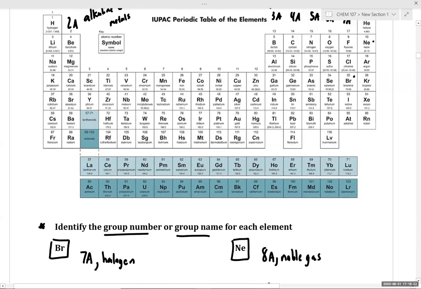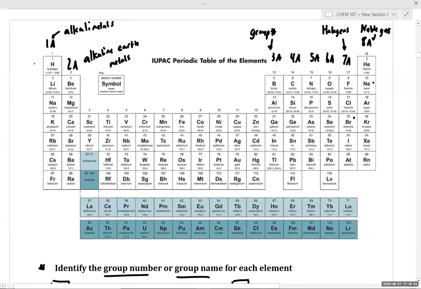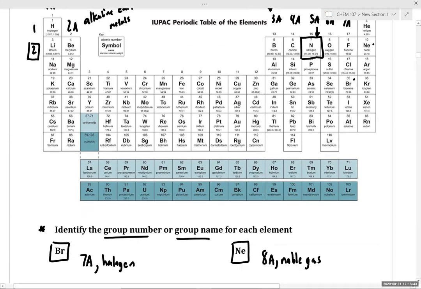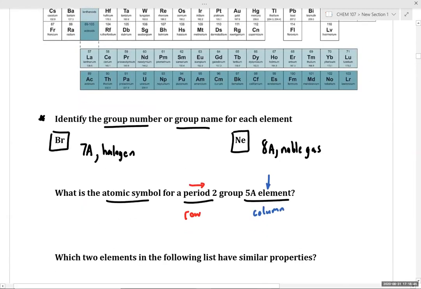So I'm going to go to this period 2, so 1, 2, we're looking at our second row, and then group 5A. So I go to period 2, group 5A, and that gives us nitrogen. So the period number is the row number, the group number is the column number. So the symbol for a period 2 group 5A element would be nitrogen.